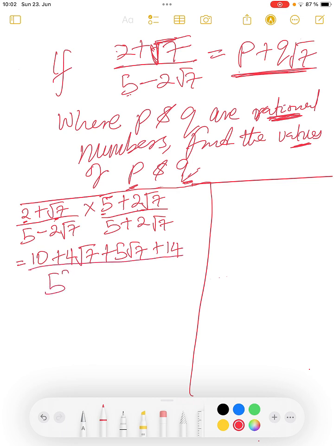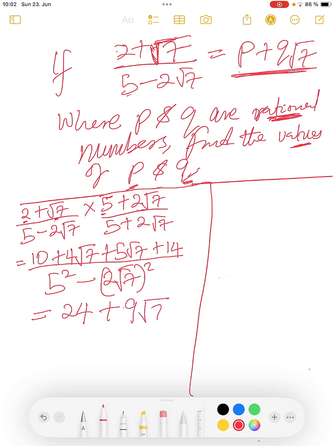Divided by, you have 5 squared minus 2 root 7 all squared. So you have 10 plus 14, collecting like terms, we have 24, plus 4 root 7 plus 5 root 7.